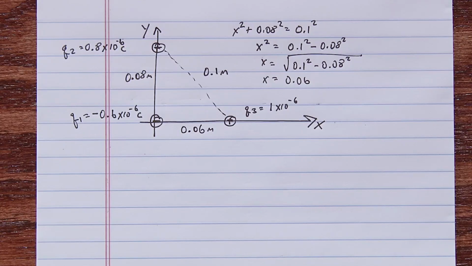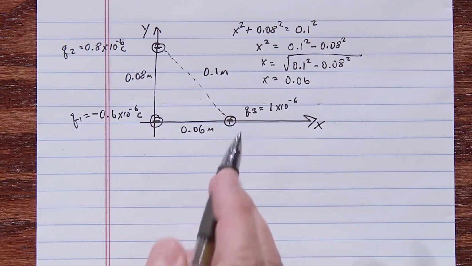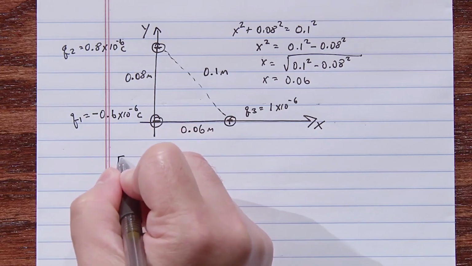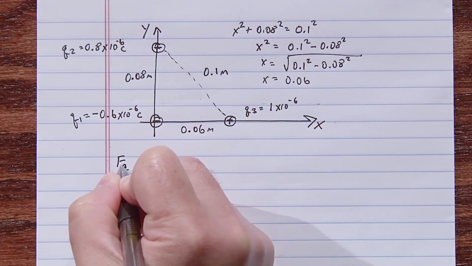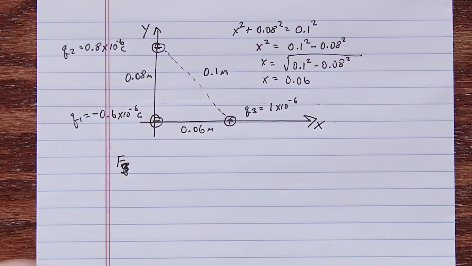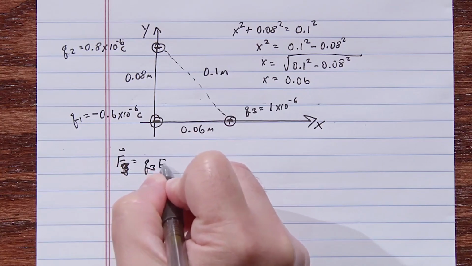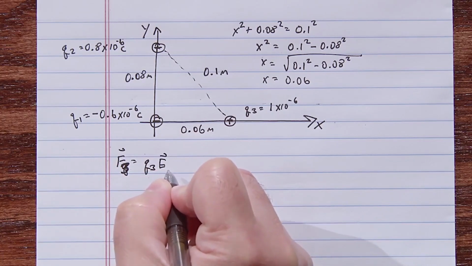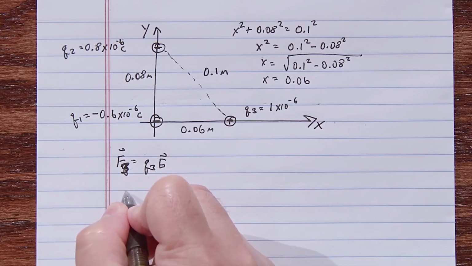And we were asked for the force on charge 3. So the force on charge 3, let's write that as F3, is equal to charge 3 times the electric field at its position. And I'm going to break that up into x and y parts.